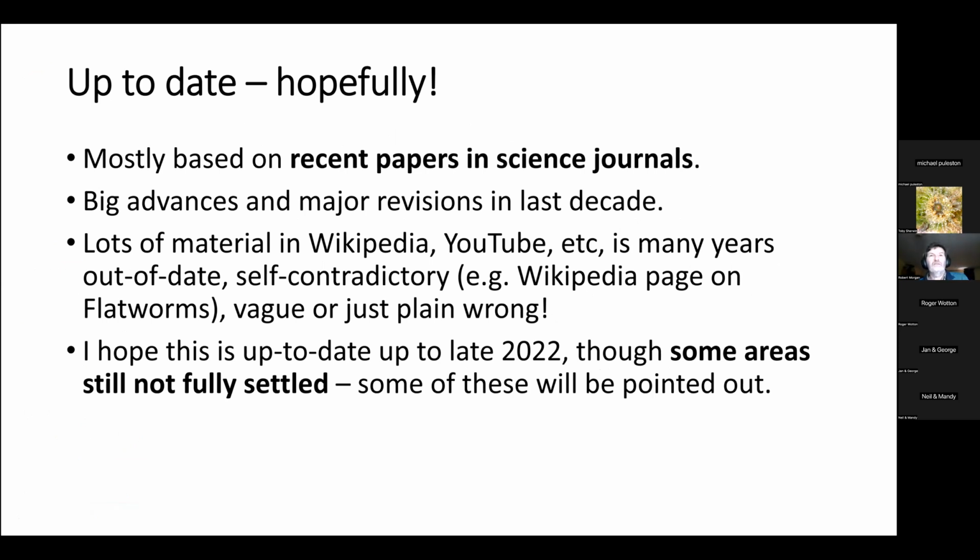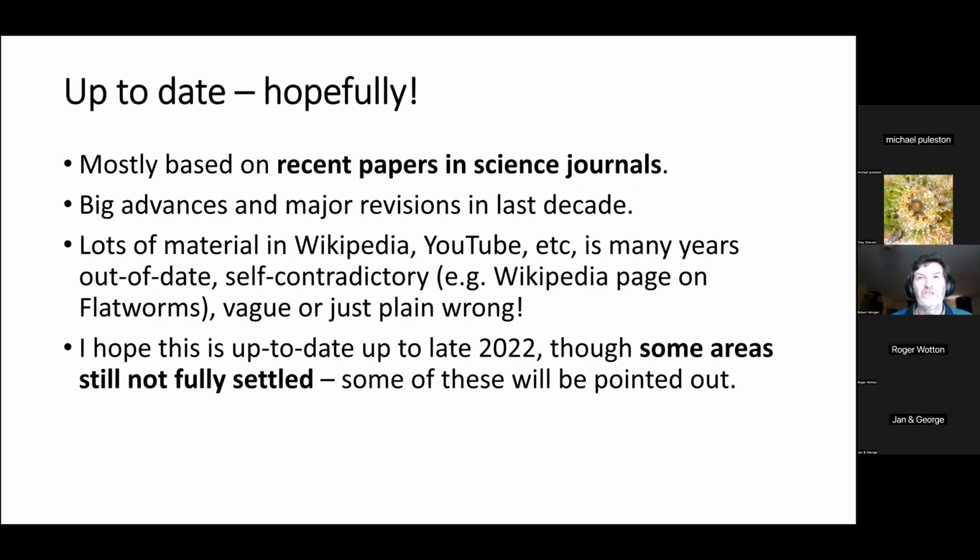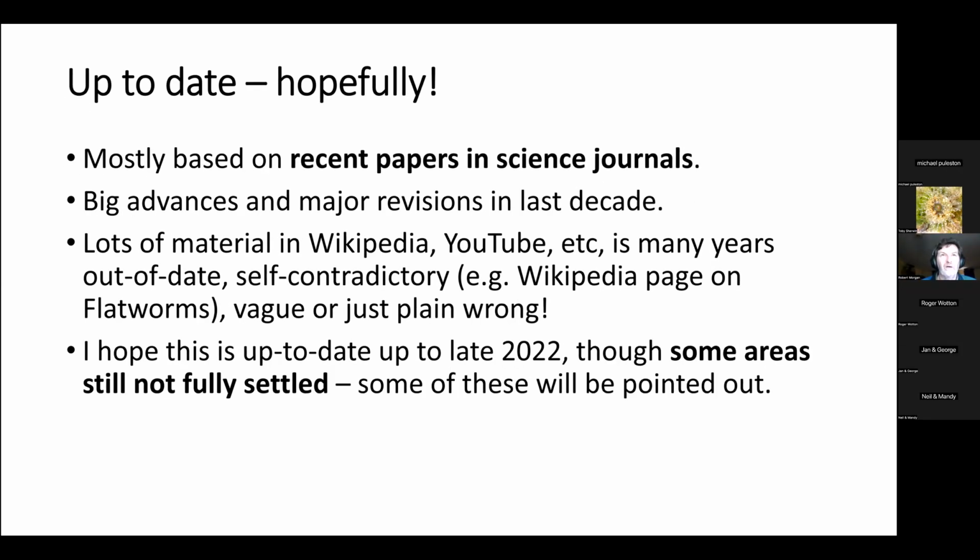So yeah, I was saying that some things on Wikipedia are just sometimes individual pages are self-contradictory, and some things are just sort of plain wrong. I was watching a YouTube video a few weeks ago by an American university lecturer.